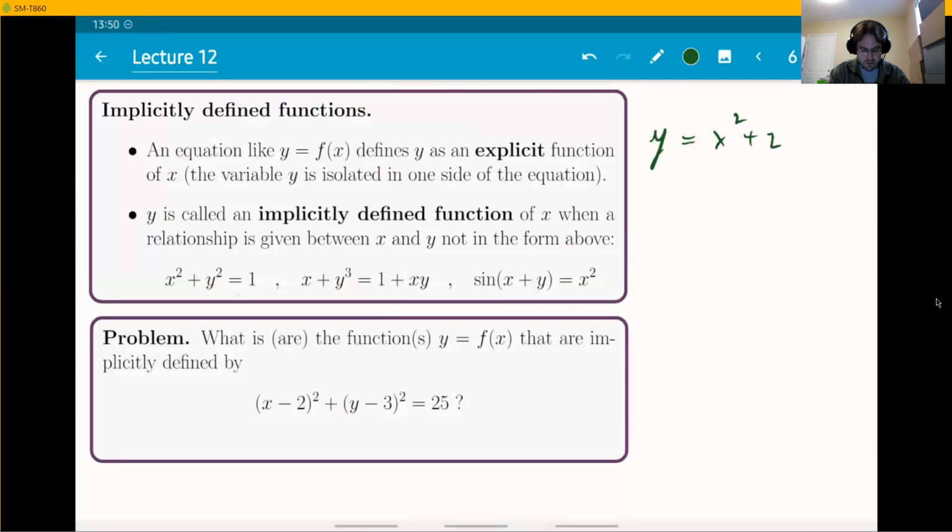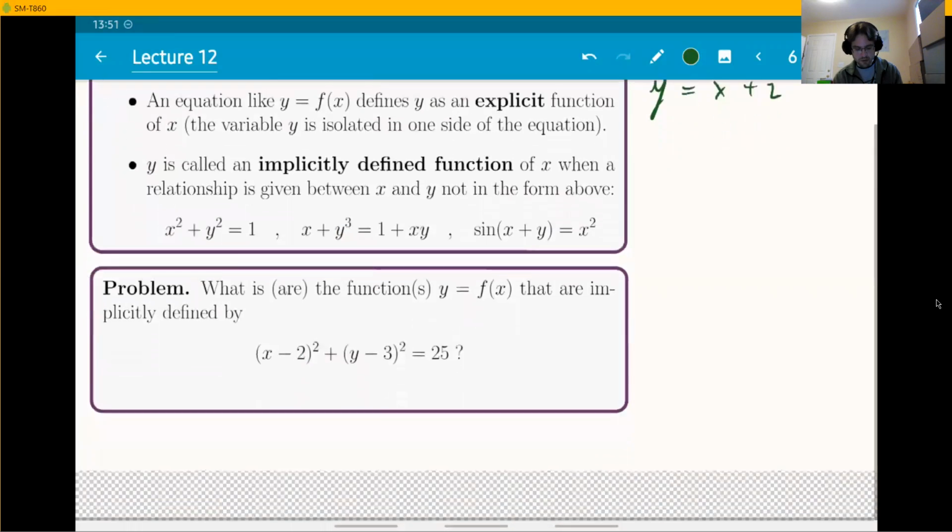You have a relation between them. Like the first one we already know describes a circle in the xy plane, and the others are just more complicated relations. But any one of these relations implicitly defines y as a function of x. Even though you might not be able to solve for y in terms of x, like in here, this is a cubic equation. We don't generally have formulas to solve those. But that doesn't mean it doesn't exist. The y can still be thought about as a function of x.